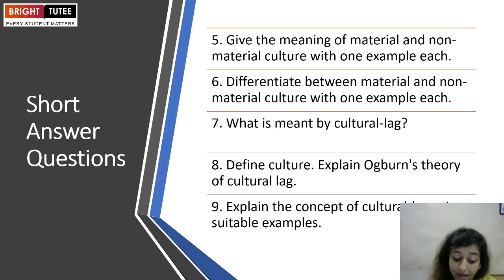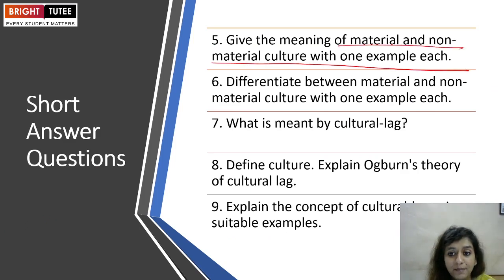Moving ahead, again short answer type, 2 to 3 markers. Give the meaning of material and non-material culture with 1 example each. We have it in the slide behind, and we have discussed what material and non-material culture are, because this would be a 2 to 3 marker that requires a little more understanding and explanation.